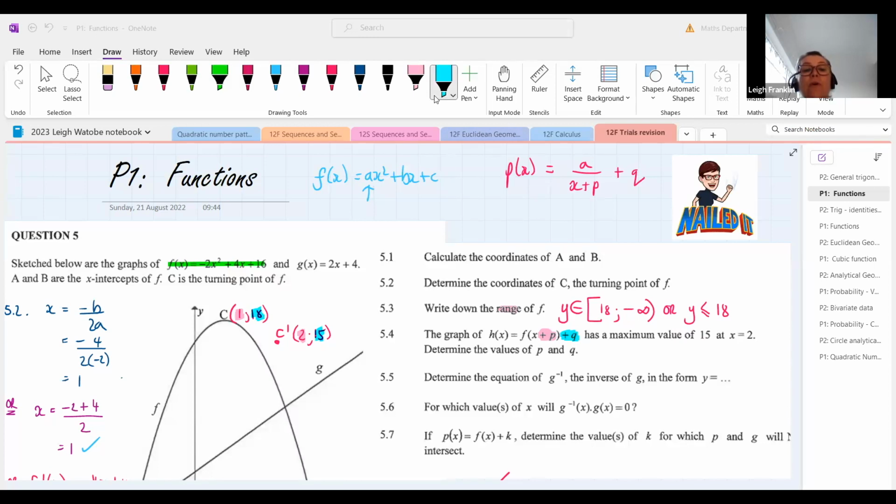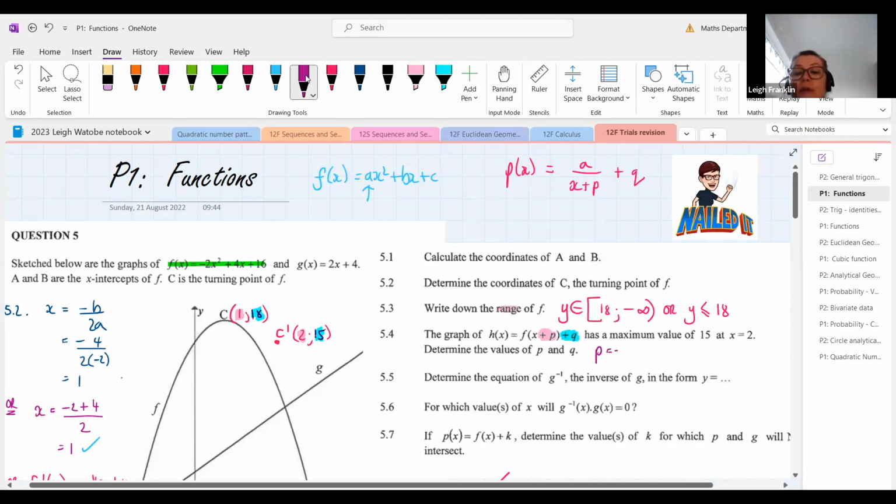So what do we think our values of p and q are? Good. So p, a lot of you are saying, is -1. Good. And q is also going to be -3.